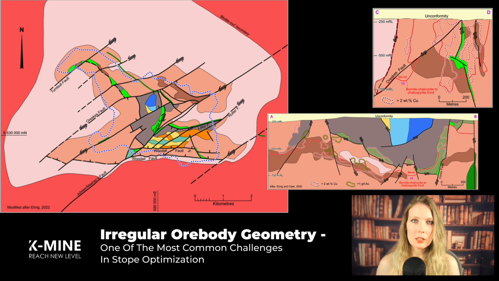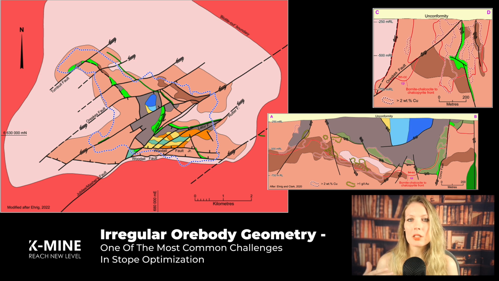To address this, modern stope optimization techniques apply clustering algorithms to group economic ore blocks into feasible stope shapes while maintaining operational constraints. These algorithms ensure that each selected stope aligns with the deposit morphology, avoiding unnecessary dilution from surrounding waste rock.